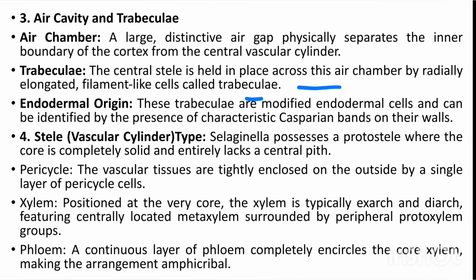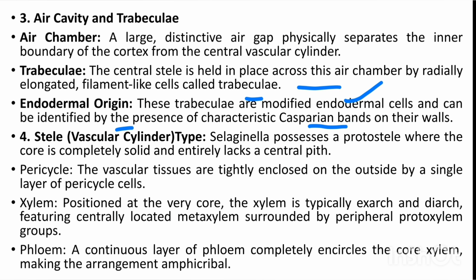Okay, these trabeculae are modified endodermal cells. Actually the inner layer of cortex is called endodermis, but here that endodermal layer is modified into trabeculae, and can be identified by the presence of Casparian strips or Casparian bands.